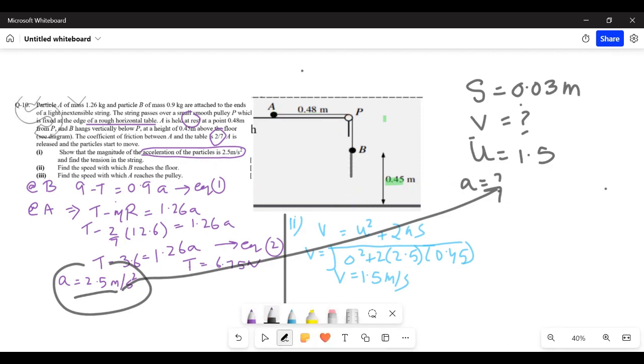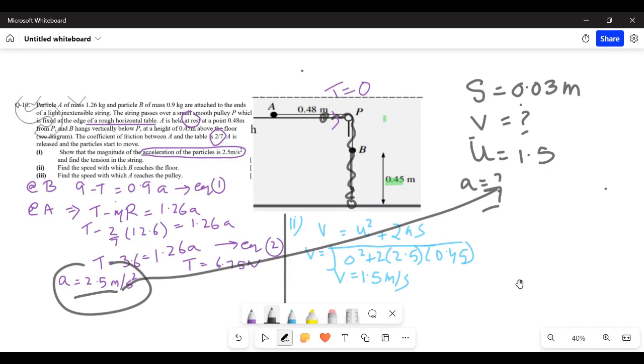And when the string slacks, its tension becomes 0. So there's no tension in the string now. So T is equal to 0. Forward force becomes 0. So we can find acceleration using this.